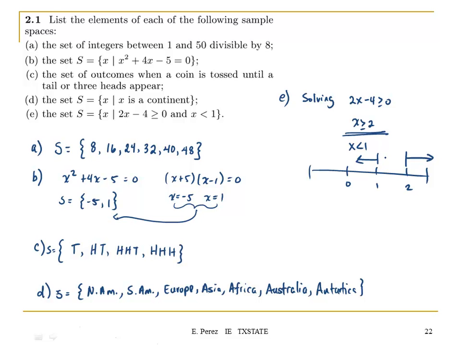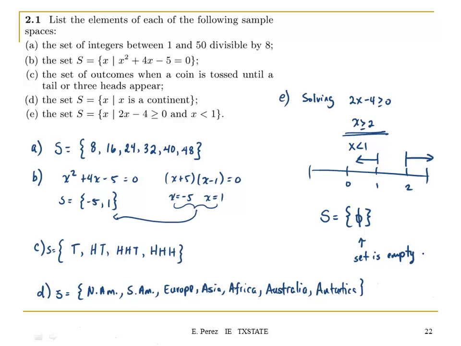So as you can see, there's no intersection for those two expressions, which means that there's no outcome that will satisfy both expressions, which you can represent with the empty set symbol. So this means that the set is empty. Any questions?